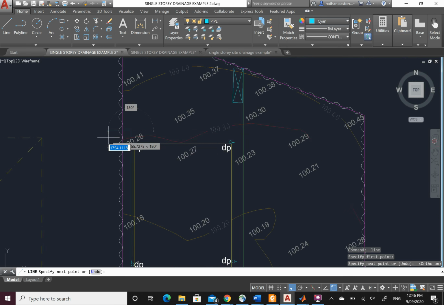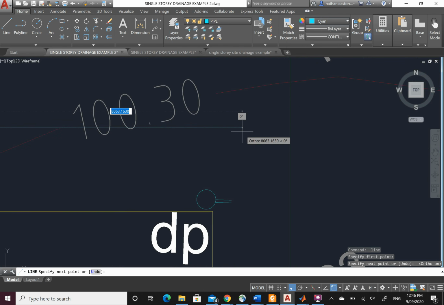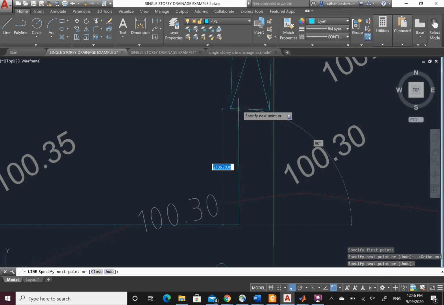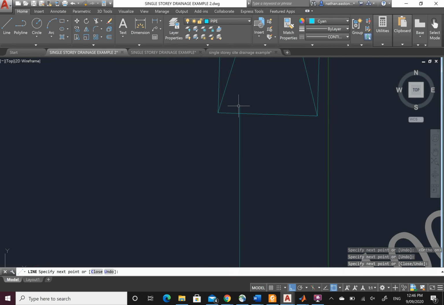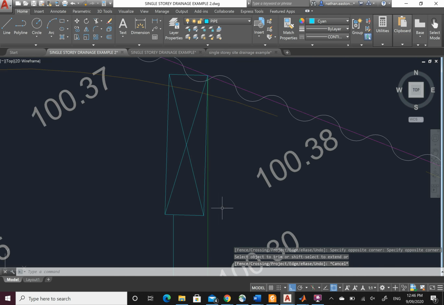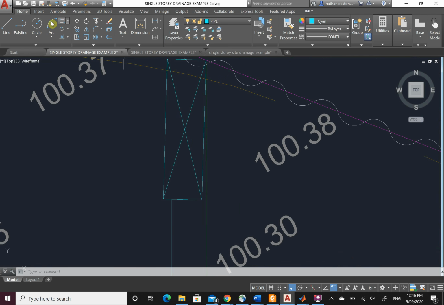It's then going to run along the backyard to here. Then it's going to connect to my tank. Here, trim, enter. I'm aware this isn't lining up at the moment. The reason for that is it's not straight because the other house has been rotated to be on an angle.